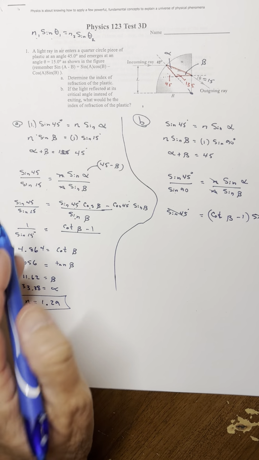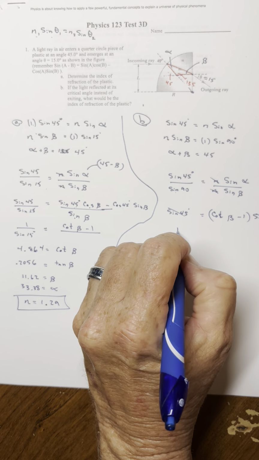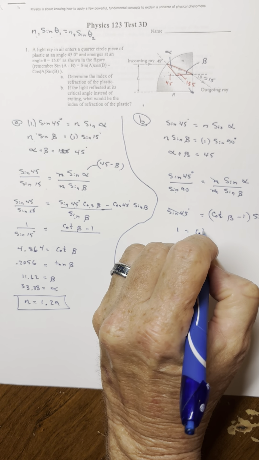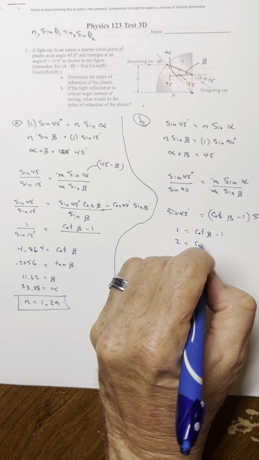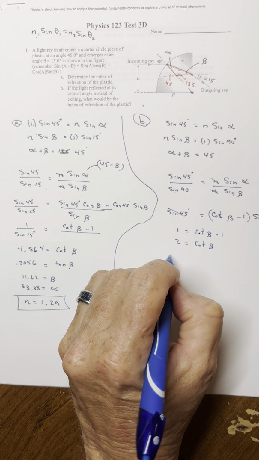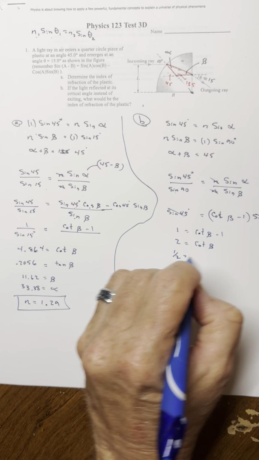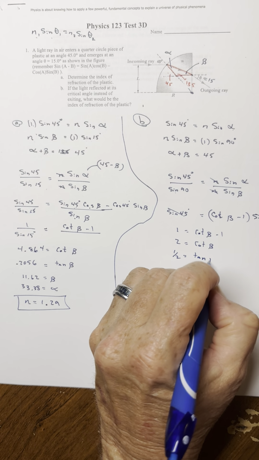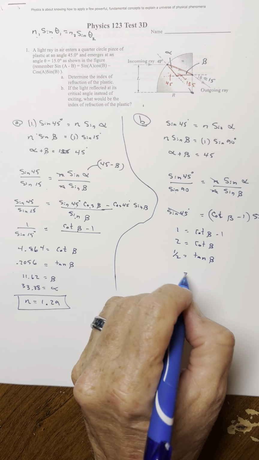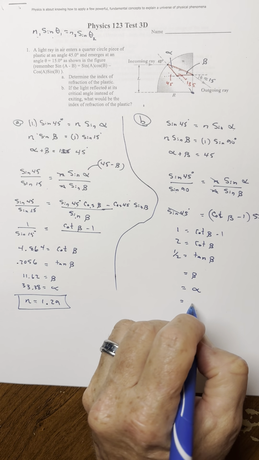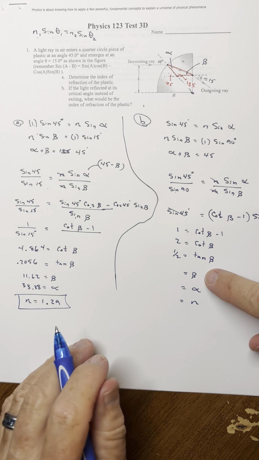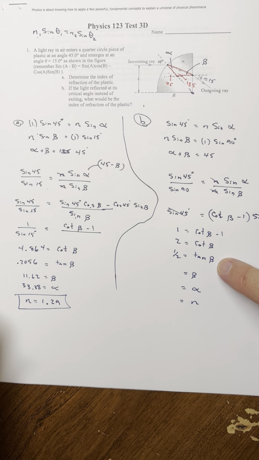Because if we replace that with sine 90, we get this 1 equals cotangent beta minus 1, or 2 equals cotangent beta, or 1/2 equals tangent beta. And then we can do the same set of calculations to get what is beta, alpha, and n.